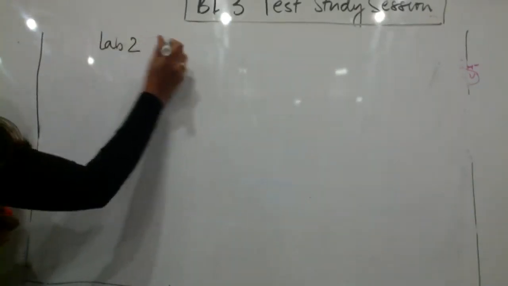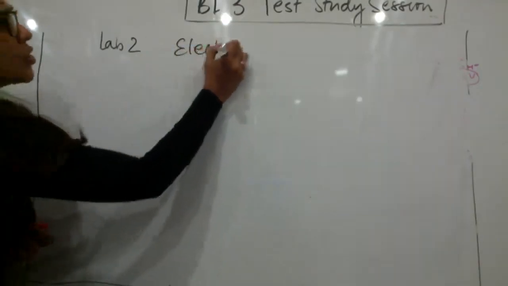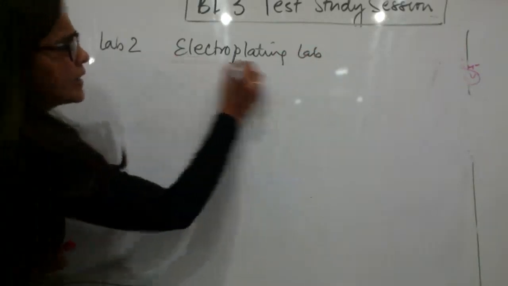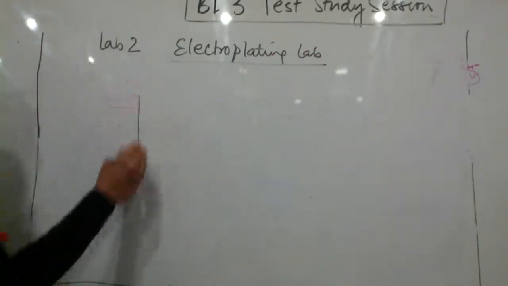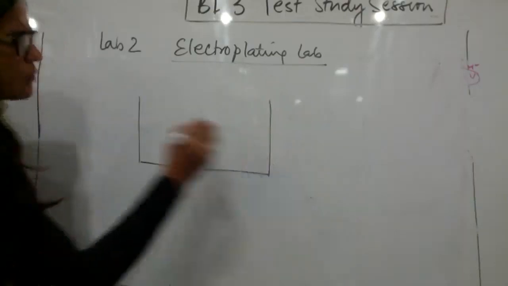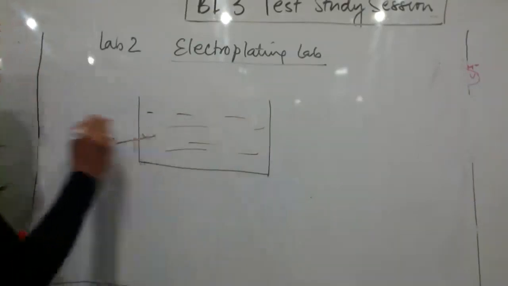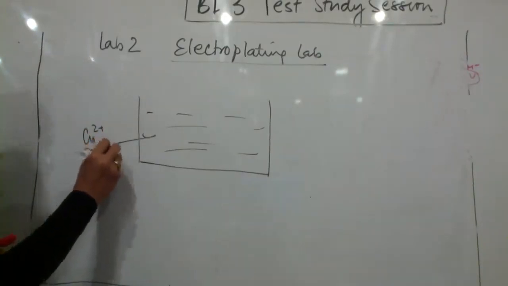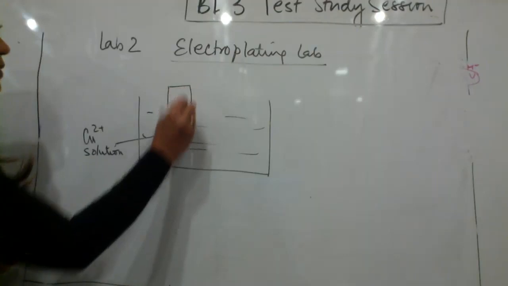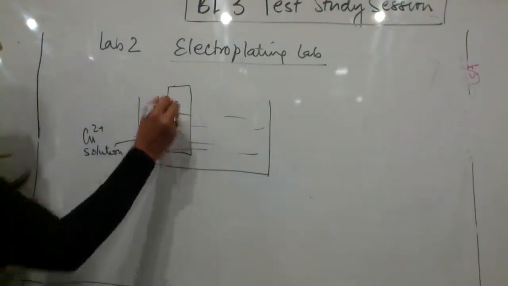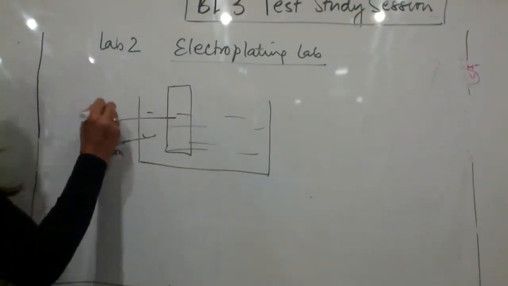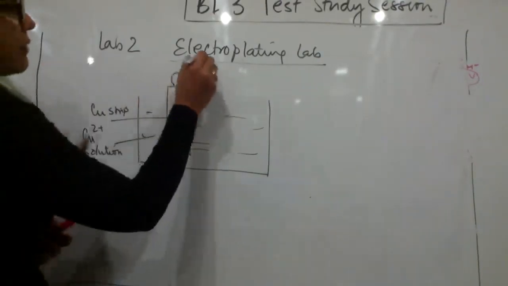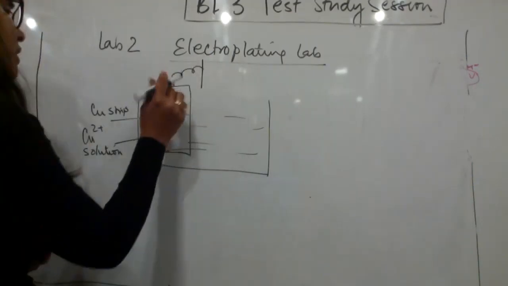Lab 2 on Friday was electroplating lab. And in this lab, what we did is we took copper 2 plus solution and we put a strip of copper in it and we attach it to a battery.